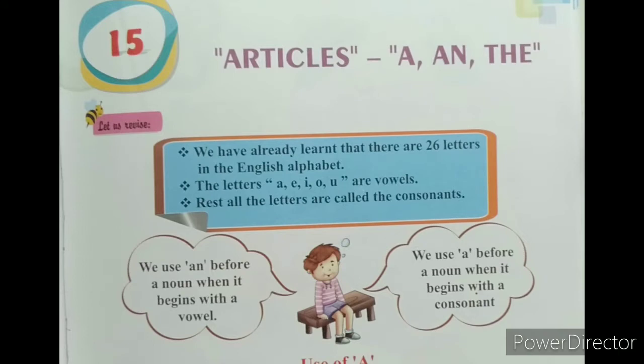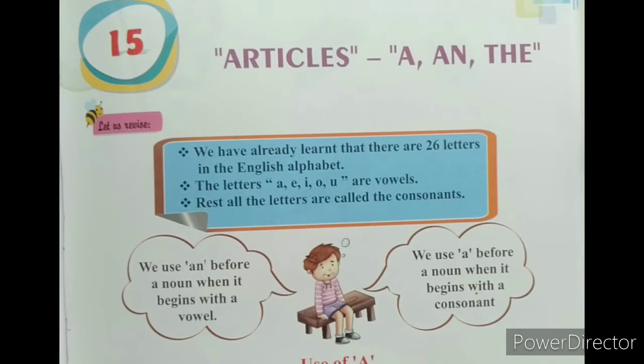It is also clear from the topic itself that a and an, the are called articles. A and an are known as indefinite articles and the is known as the definite article. In today's lesson, we will mainly study the uses of these articles a and the.